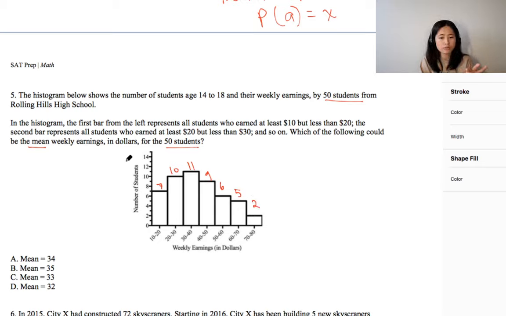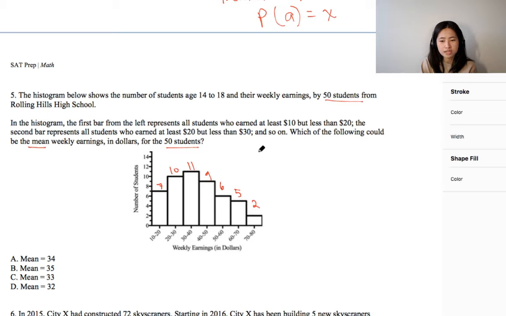So first of all, when you try adding all of these numbers up, so maybe we can try that. So 7 plus 10 plus 11 plus 9 plus 6 plus 5 plus 2. That's going to give you 50 students, right? So it actually makes sense. And because they're telling you that for any bar, there is a limit, because they're saying you can earn at least $10, but less than 20.